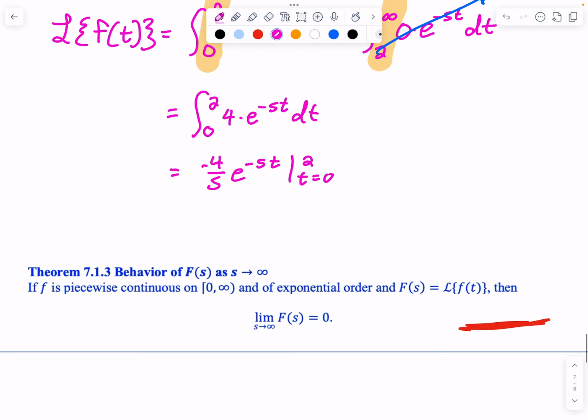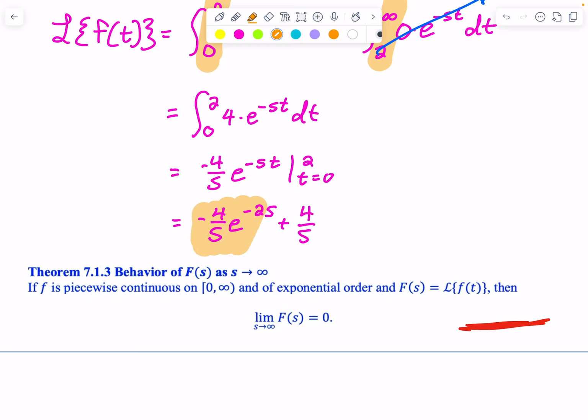The way I think about that in my head is I'm just imagining the derivative. That's what I'm doing every time. So I get negative 4 over s times e to the negative 2s. Then if I plug in 0 and subtract, I get 4 over s times e to the 0, so we just get that.